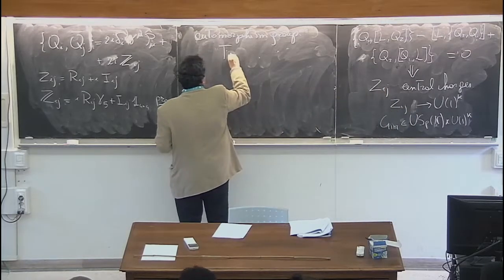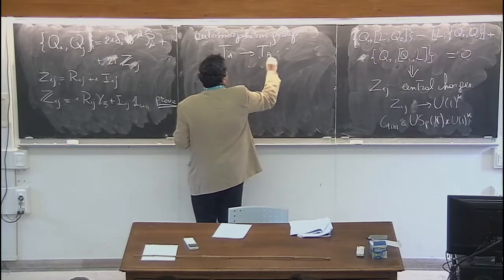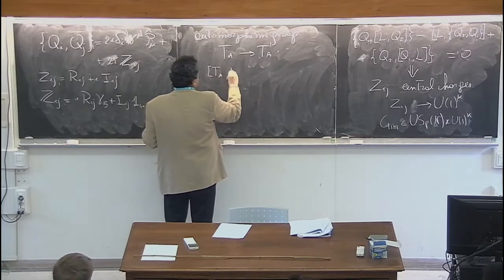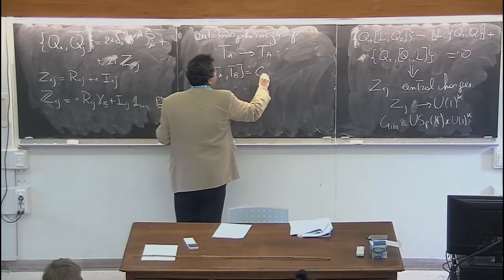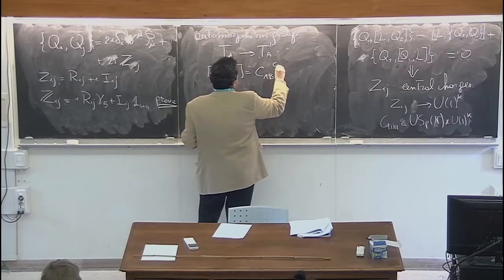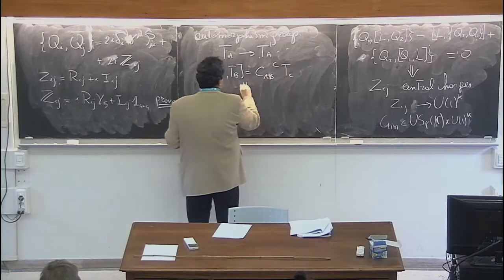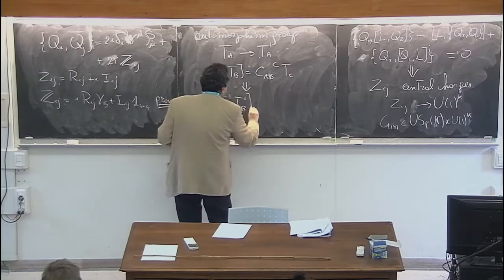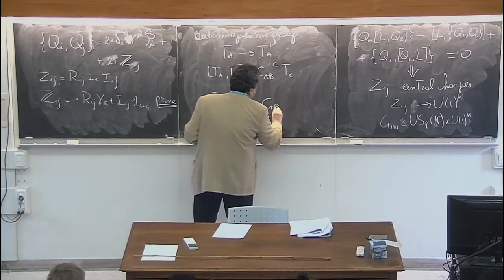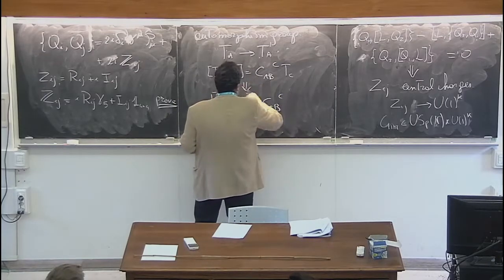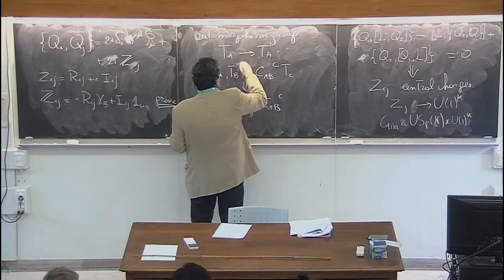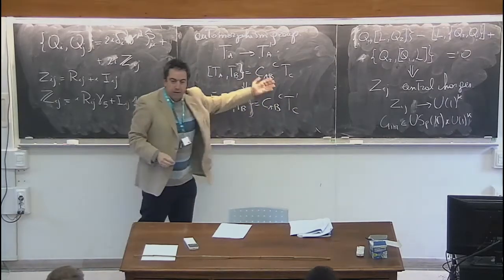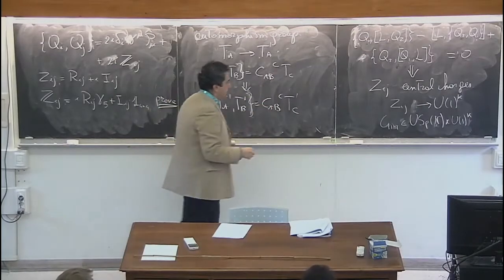If T_A is mapped into T'_A, then [T_A, T_B] = C_AB^C T_C implies that the transformed generators simply close the same superalgebra, with the same structure constants.